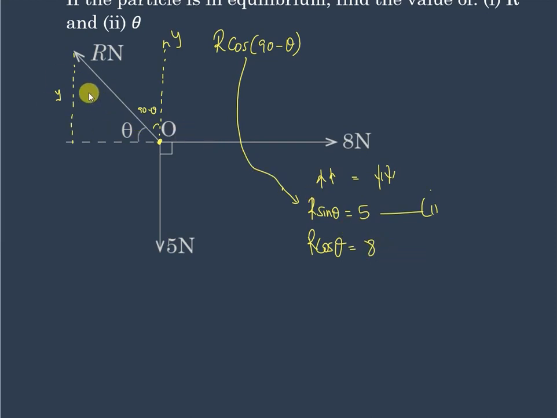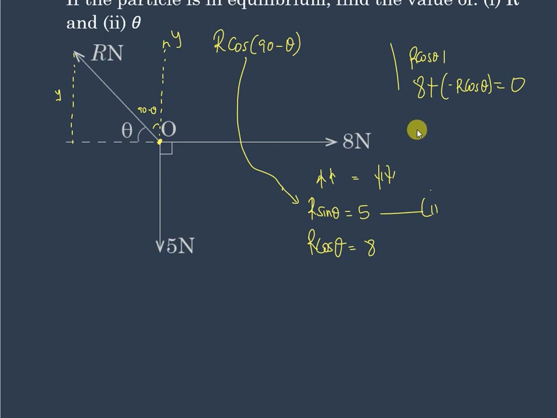In accordance with rule number 1, horizontally, you have 8 plus negative r cos theta equal to 0. That is what that law is saying.